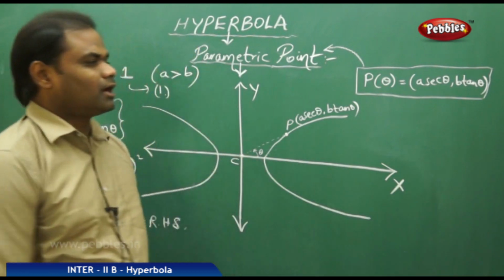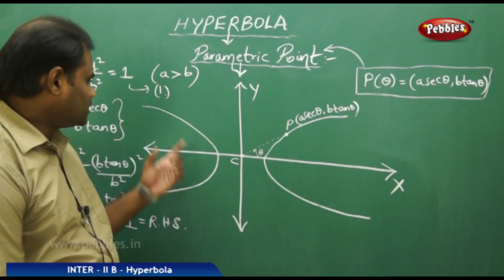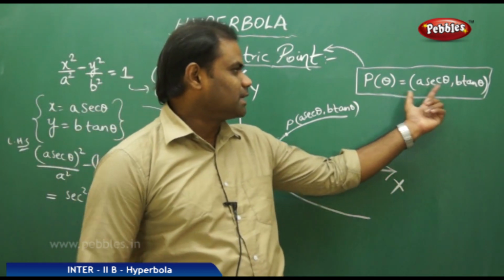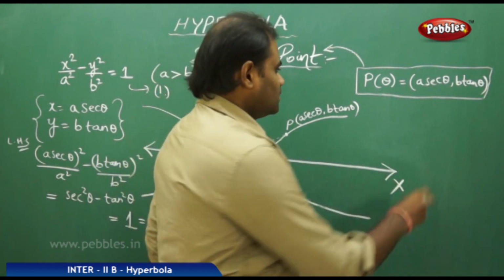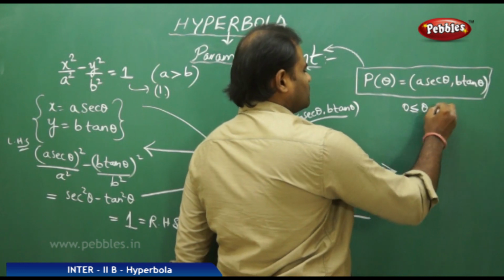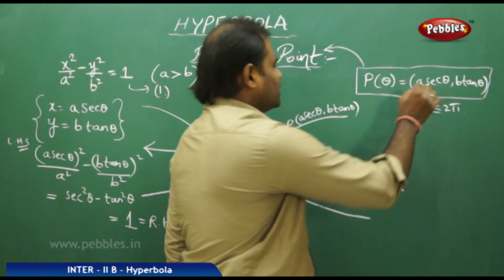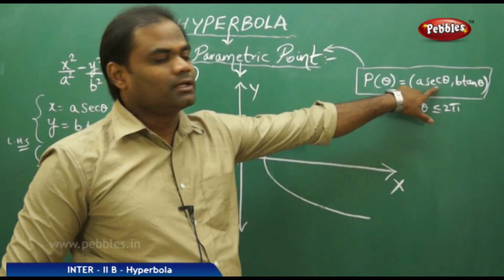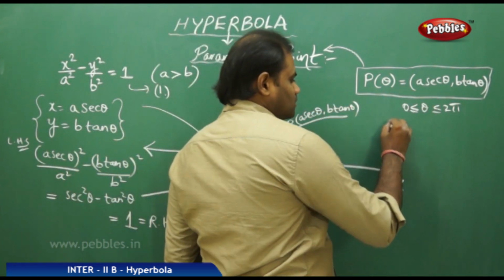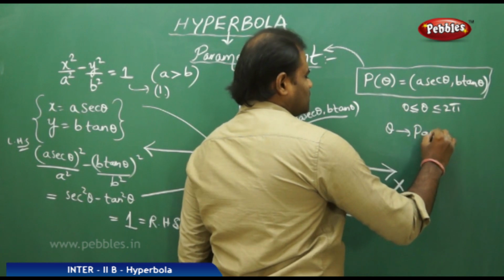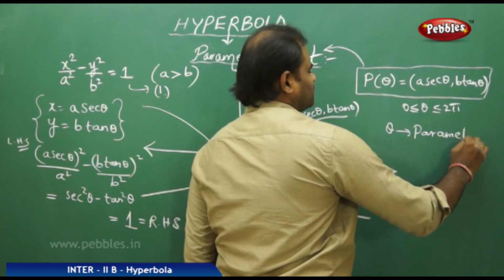for the given hyperbola. So any point on the hyperbola can be expressed as a secant theta, b tan theta for that respective angle theta lying between 0 and 2 pi, and that point denoted by P of theta is called the parametric point, and theta is called the parameter because this measures the point.